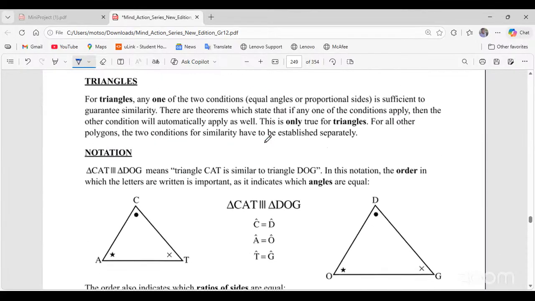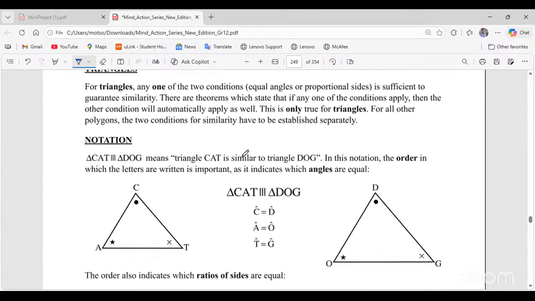Now, the notation for this is that, okay, they made an example with triangles here. With triangle CAT, which is this one here, and triangle DOG, this one. It means triangle CAT is similar to triangle DOG.